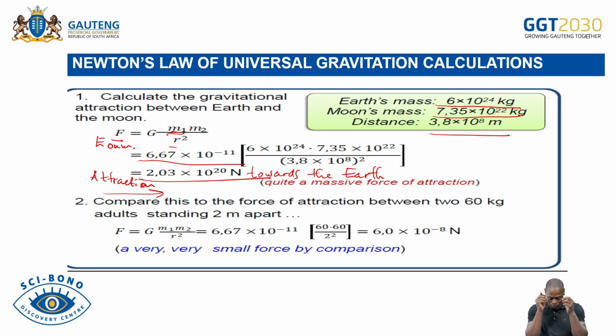Then another thing, look at number 2. Compare this to the force of attraction between 60 kilogram adults standing 2 meters apart. Maybe before we compare, what you need to understand is that the force exerted by Earth on the Moon will be equal to the force exerted by the Moon on Earth, but acting in opposite directions.